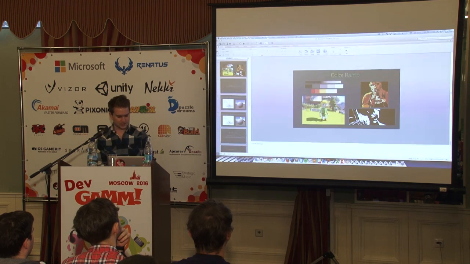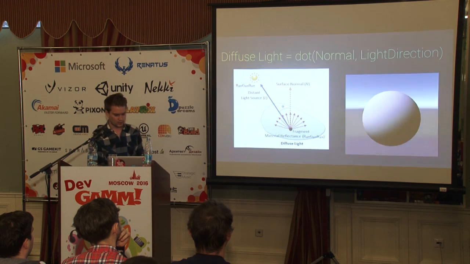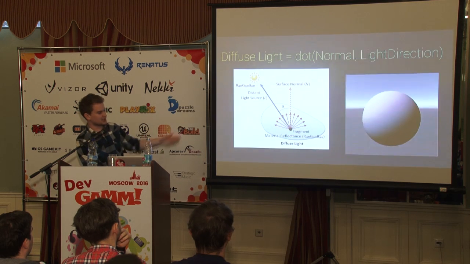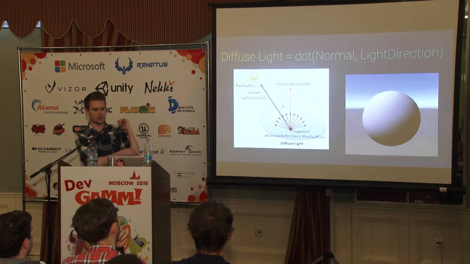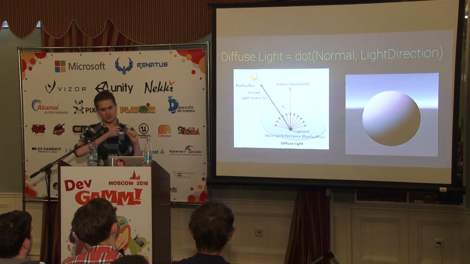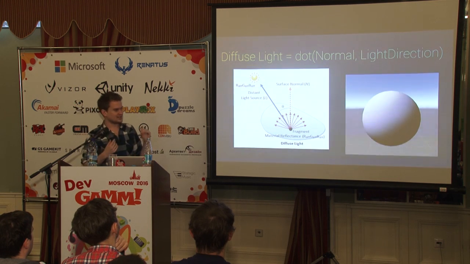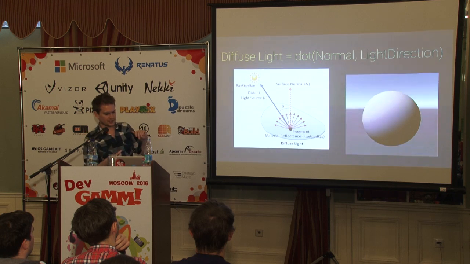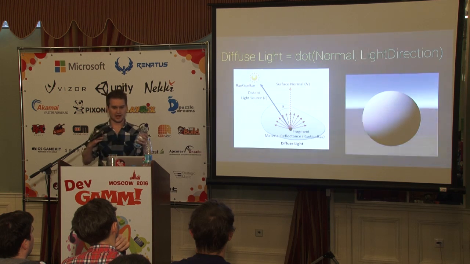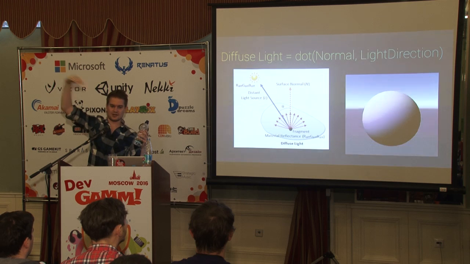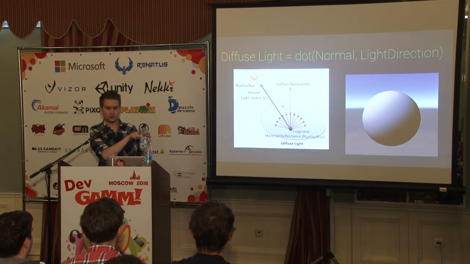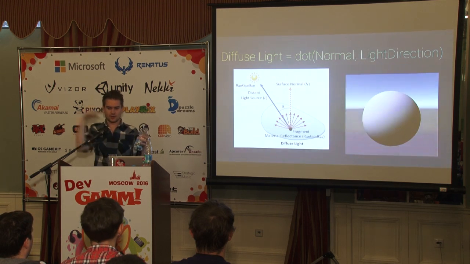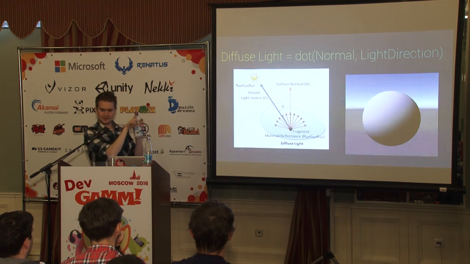And I know I said I wasn't going to show you an algorithm, but I basically ignored myself. So here is basically what N.L means. It means the dot product of the normal and the light where the light hits the surface. So if you think about this bottle, you have two values. You have the light coming in from an angle, and you also have the normal of the surface. And the dot product is where the light hits here, where this hits here, and it's basically the thing in the middle.